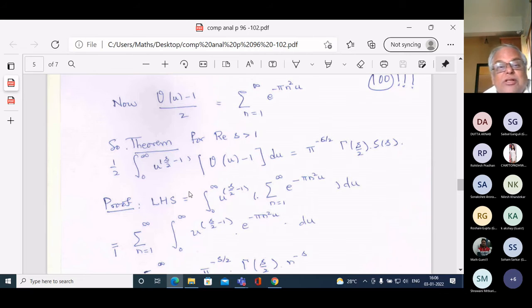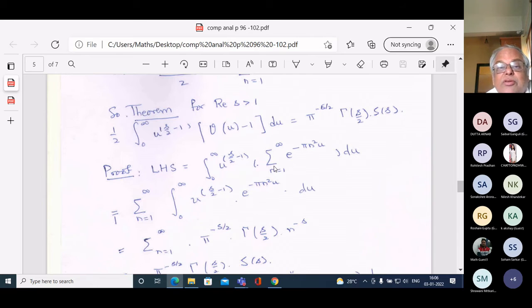So the left-hand side is this quantity, and everything is convergent nicely. So I take the sum out. These things have to be justified. You're interchanging a sum and an integral, but I can do this because this quantity is exponentially decreasing. I need all those kinds of statements.